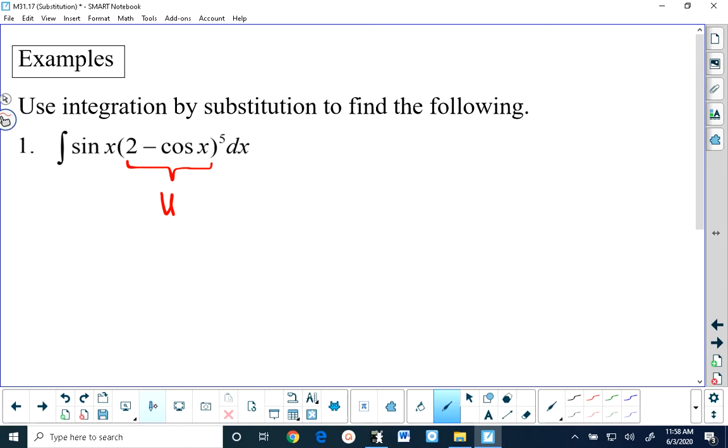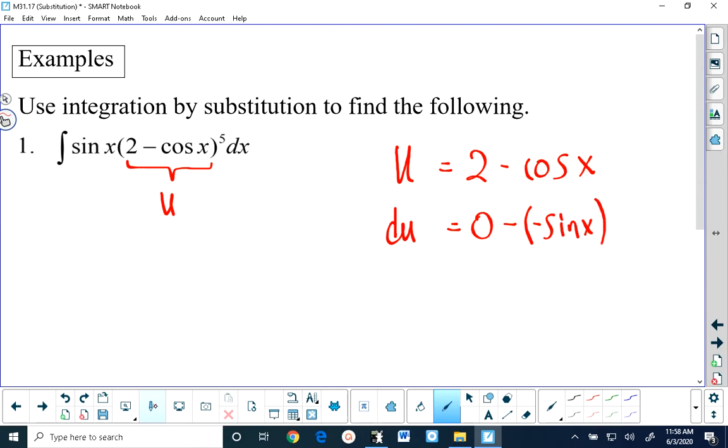Now, when you go from u equals 2 minus cos x, we're going to differentiate this now, but we're not going to write du dx. We're going to write du equals, and let's differentiate 2 minus cos x. The derivative of 2 is 0, minus the derivative of cos x is negative sine x. And by the way, I'm going to pause here for a second. We're not done. This is the thing that's a little bit weird.